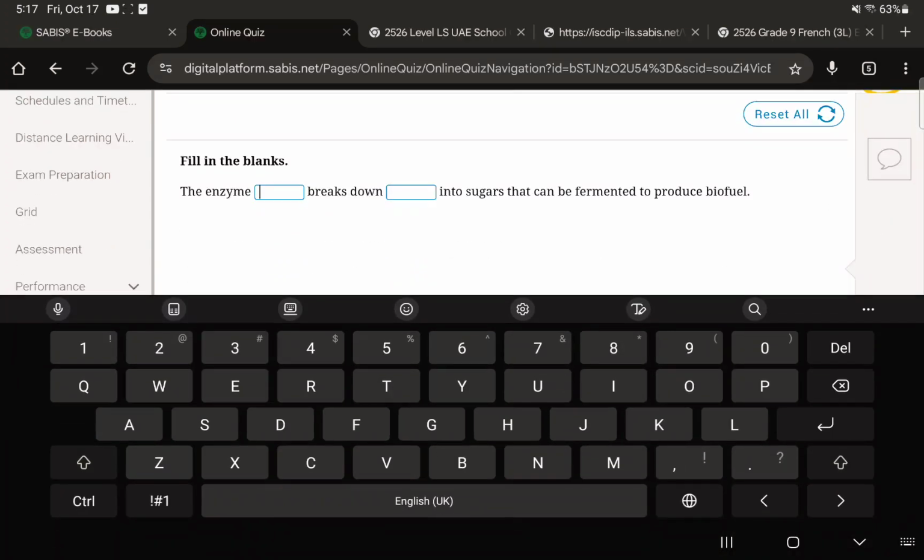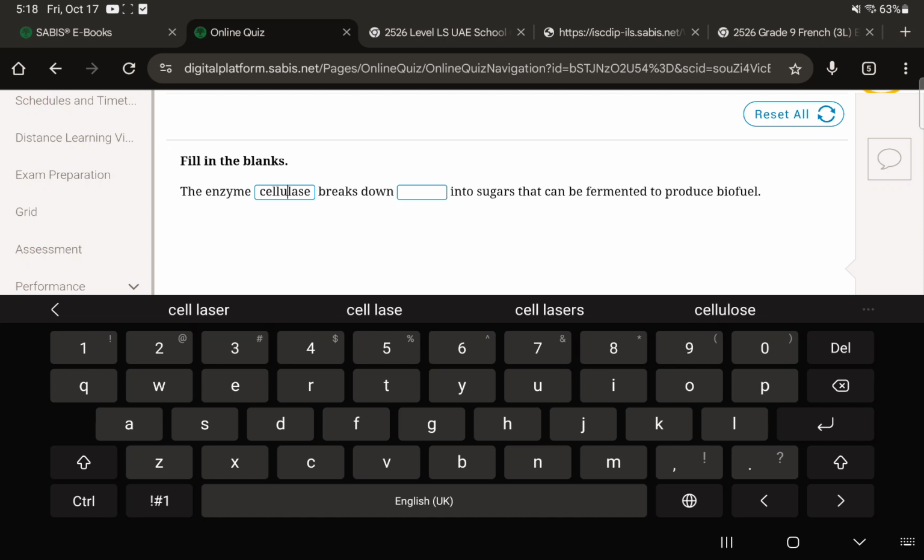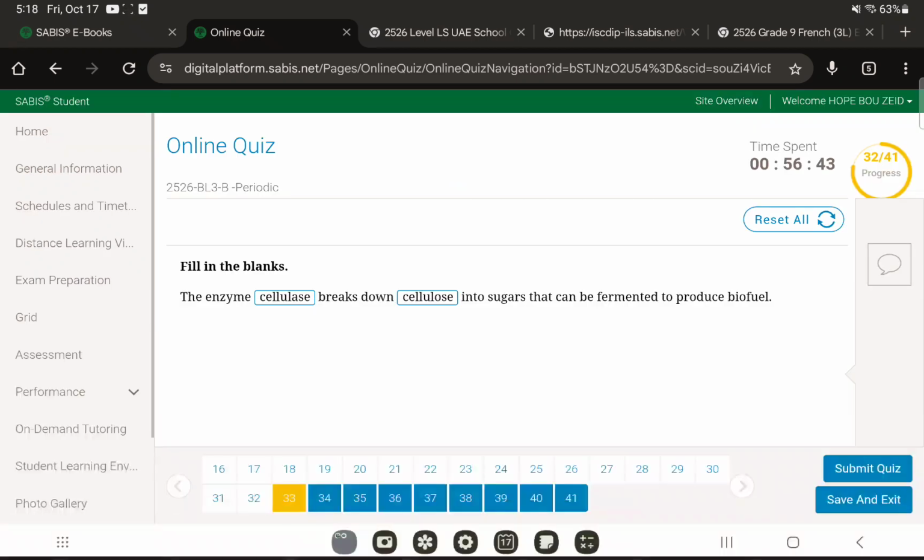And for this specific example, the enzyme cellulase breaks down cellulose into sugars that can be fermented to produce biofuel.